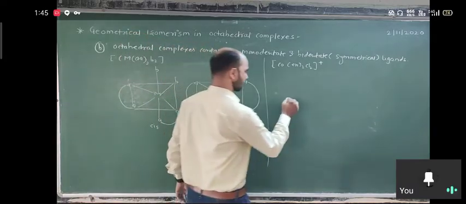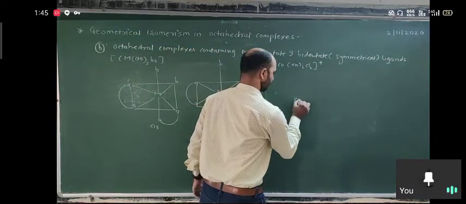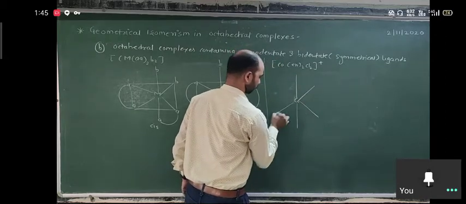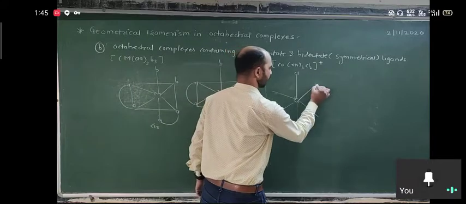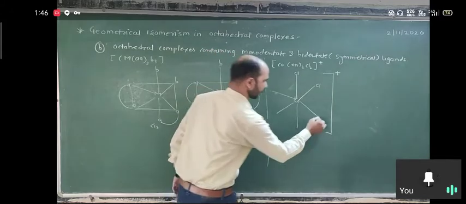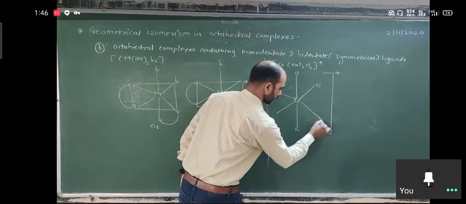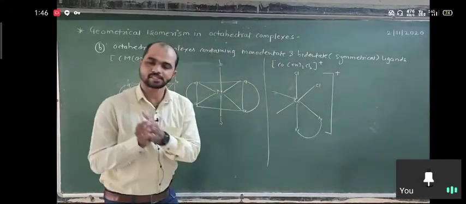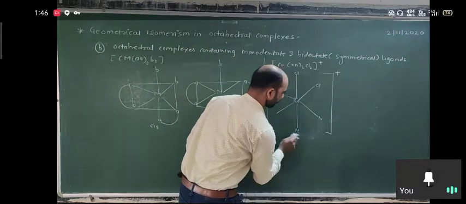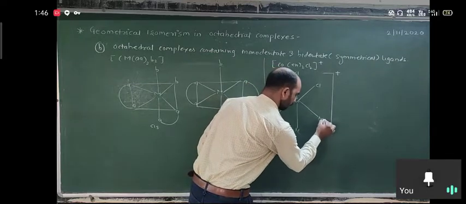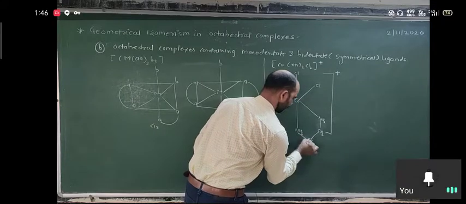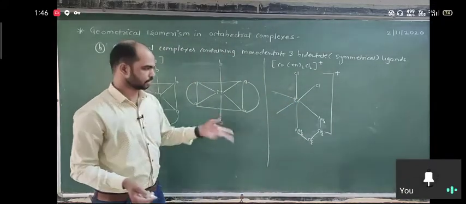When we draw the structure of it, at the center there is a cobalt, here is a Cl, here is a Cl, plus charge on the complex. So here you can just write N, and if you attach it here, that means ethylene diamine. Or if you don't understand this, you can directly draw it: NH2, CH2, CH2, NH2, both are same.